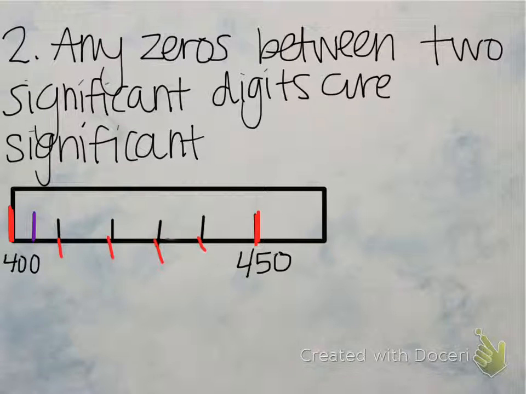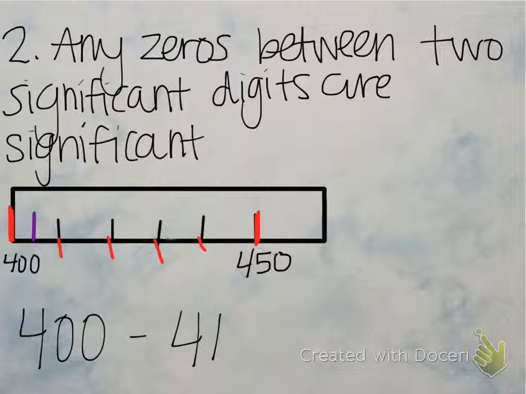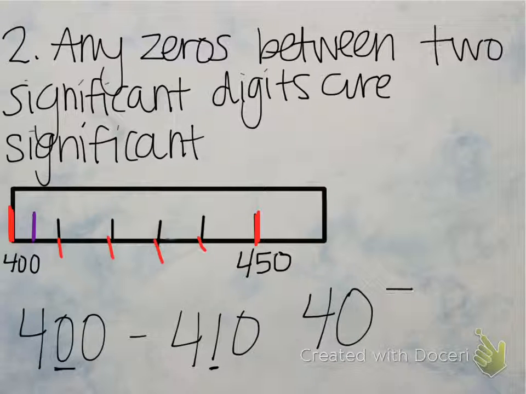So we know that this number is somewhere between 400 and 410. What we already assume is that the tens place is a 0. So we could approximate that this was about 405. It's about halfway between the two.